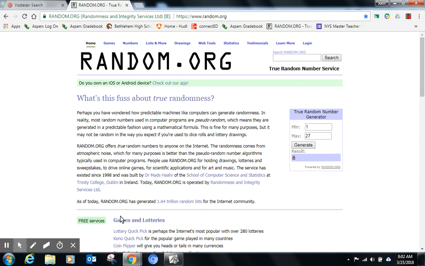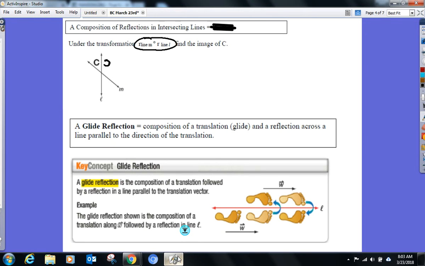Watch the little red. It's like a bullseye. Want to see it again? Let's do so. Reflect. Ooh, this might be a little tough for some of you. Again, pretend you're folding the paper over line M. Fold the paper over line M. Where's your C going to go now?